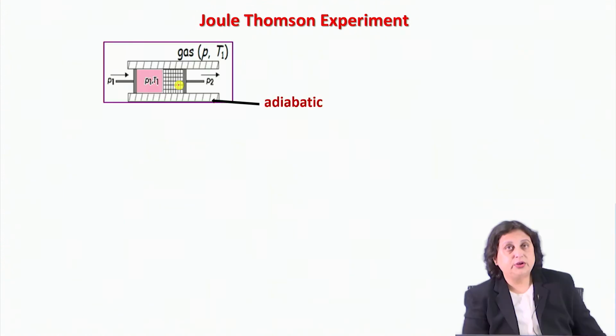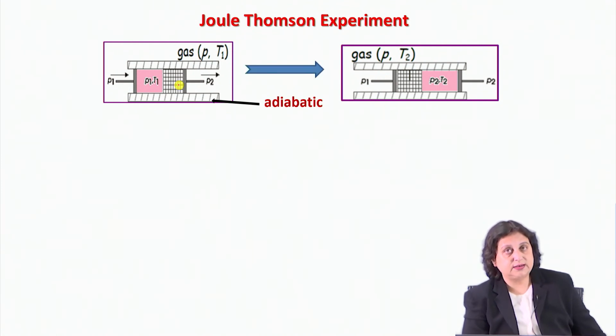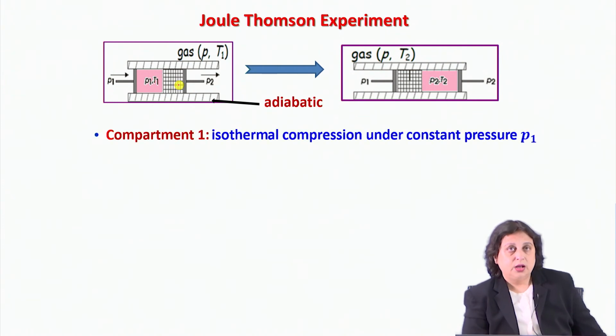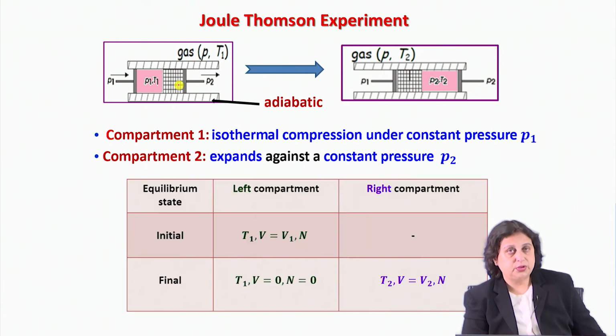So, can I talk about what is going to be the initial and the final equilibrium state during this change in state? The process that I have carried out in compartment 1 is an isothermal compression under constant pressure P1. In compartment 2, I saw the expansion of the gas against a constant pressure P2.